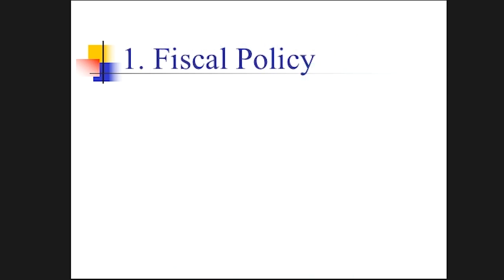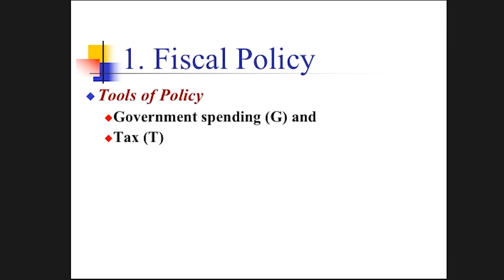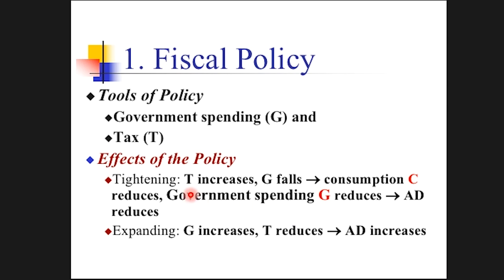Firstly, fiscal policy. The tools of this policy are government spending, G, and the tax, T. When we change tax or government spending, we will have changes in AD. If we increase the tax or reduce government spending, AD is reduced and shifts to the left.